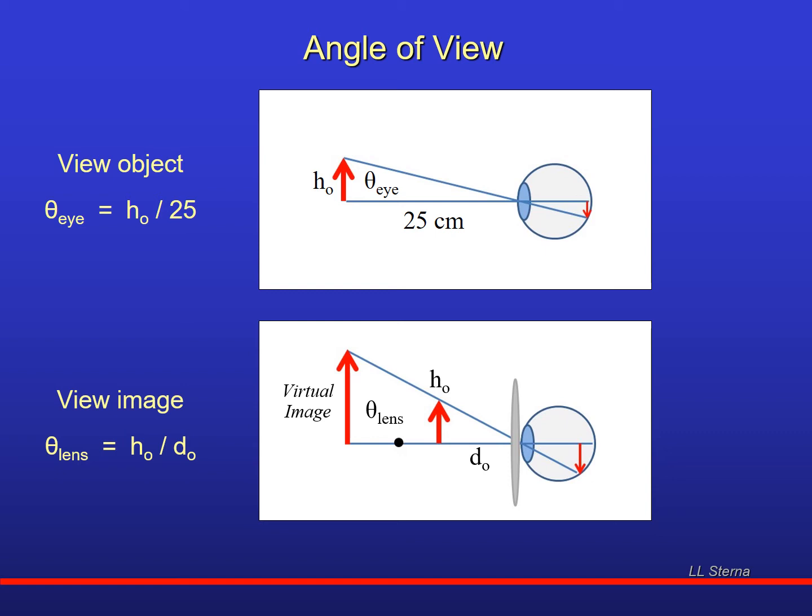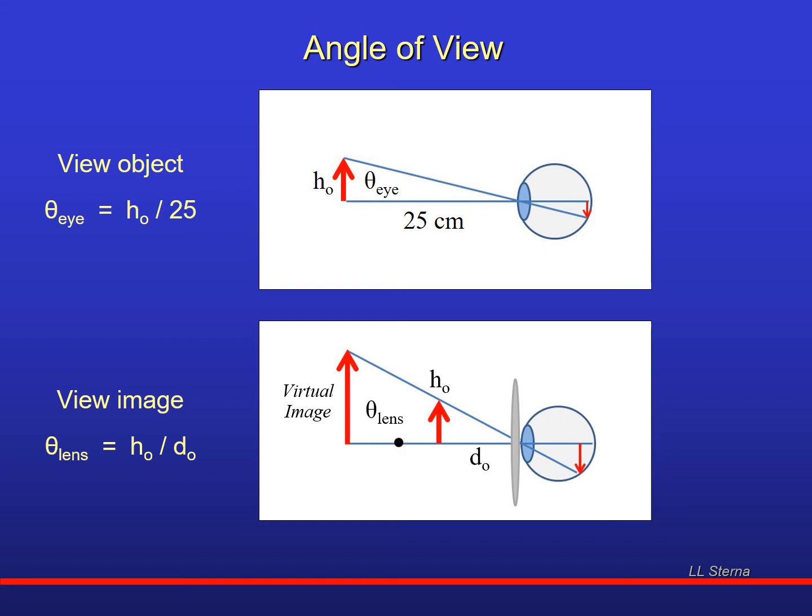What's different now is, rather than talking about the size of the image, the size of the object, we're concerned about the angle it makes on the eye. As that angle gets bigger, you see that image is going to be bigger on the retina.